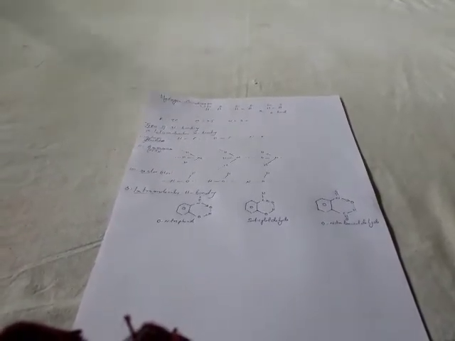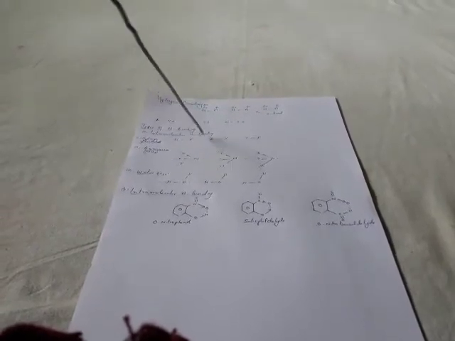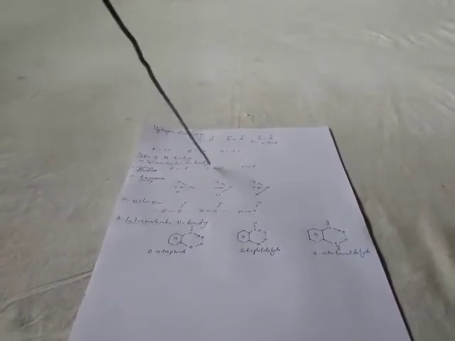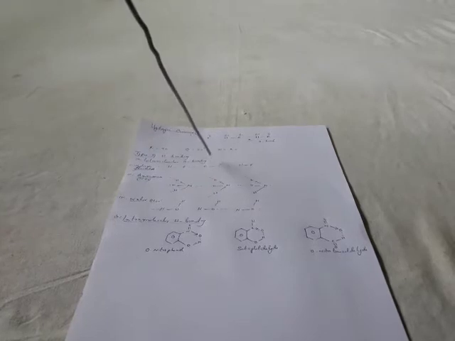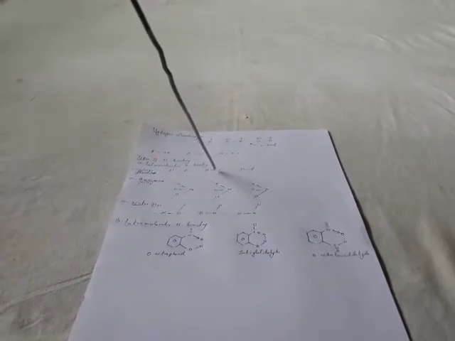Whereas in this case, which I have shown here, this is HF, hydrogen fluoride, the hydrogen bond exists between the fluorine of one molecule and the hydrogen atom of another hydrogen fluoride molecule.